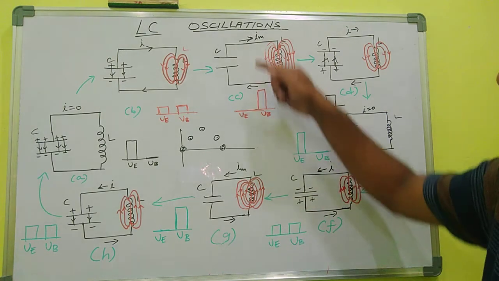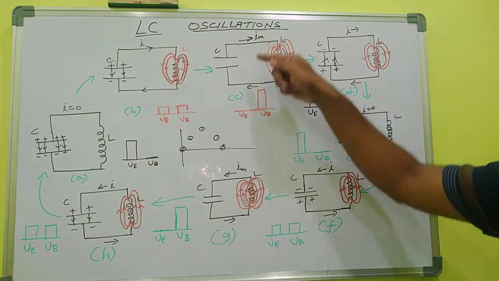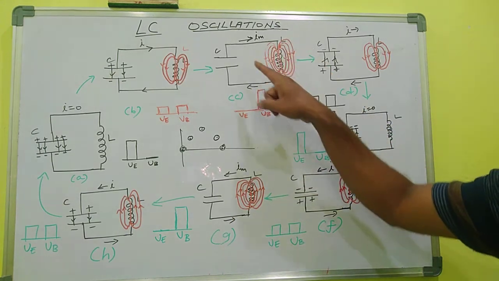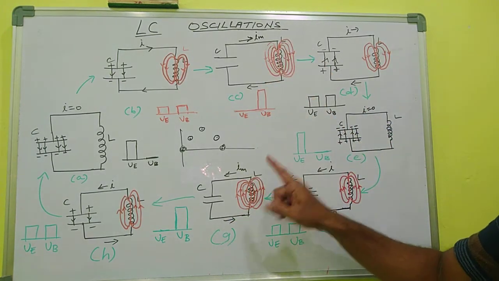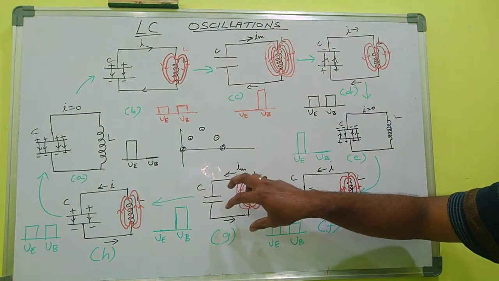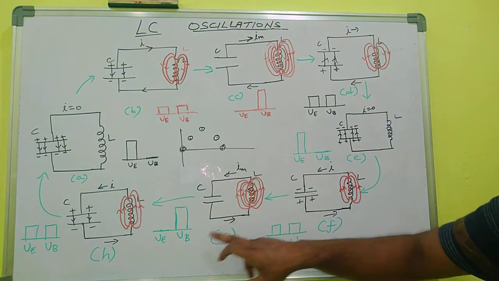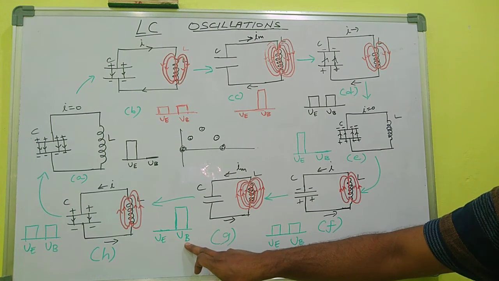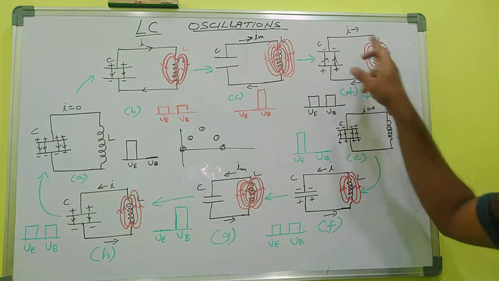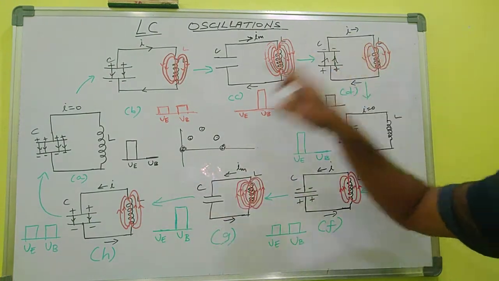The next case is opposite to this case. Here also maximum current flows. The only difference is the direction of current. Otherwise the same things are repeated here. Here the energy is wholly magnetic. This case is opposite to the earlier one.